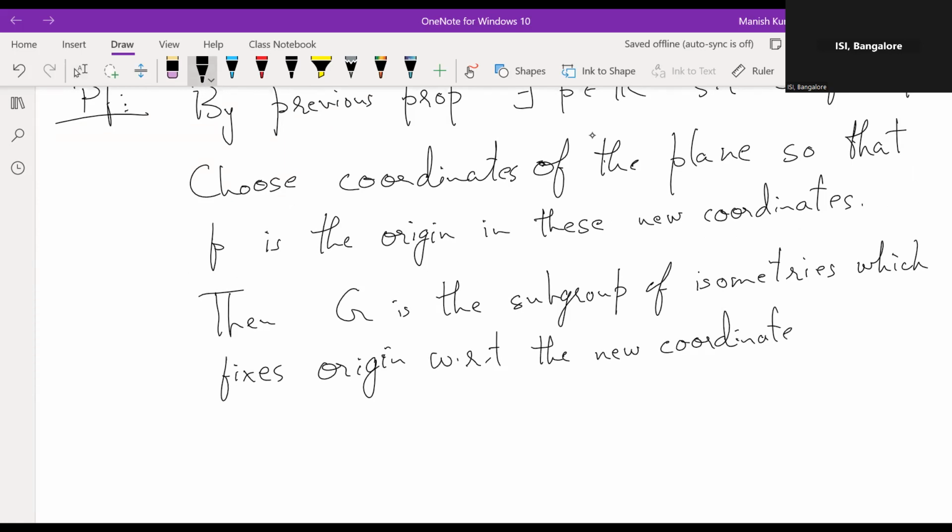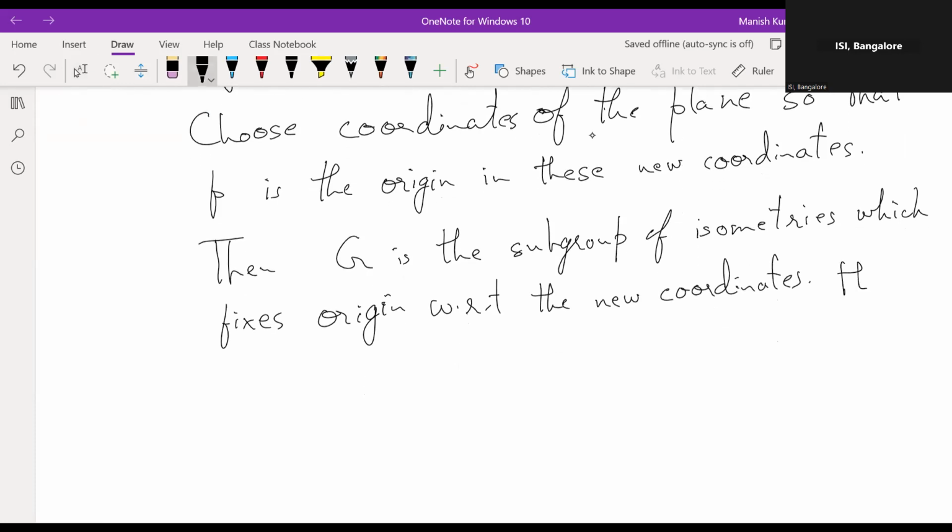So with respect to these new coordinates, this G is a subgroup of O2. Hence G is a finite subgroup of O2.